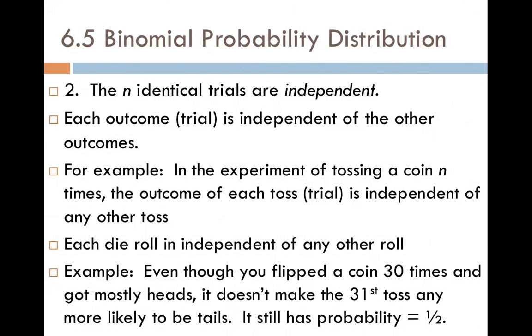People think that if they keep flipping, and they so happen to get many heads, the next one has got to be a tails. Well, the next one is no more probable of being a tails than any other toss. It's still 1/2. So each toss of the coin is completely independent of previous tosses.